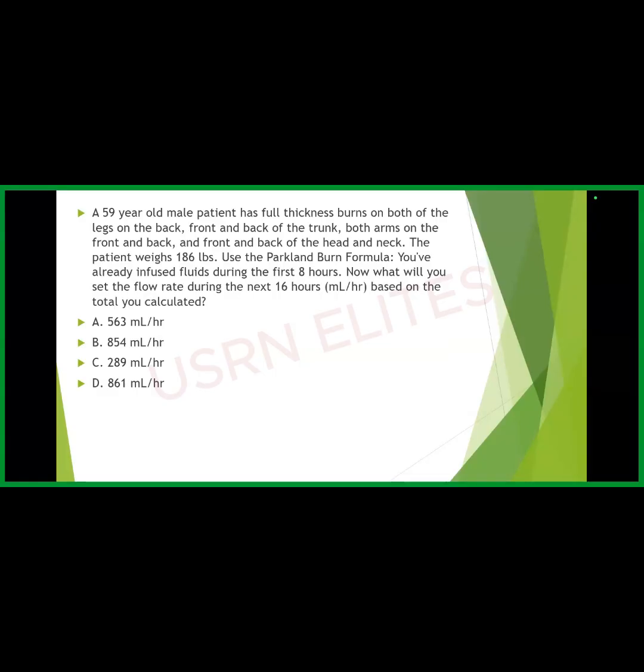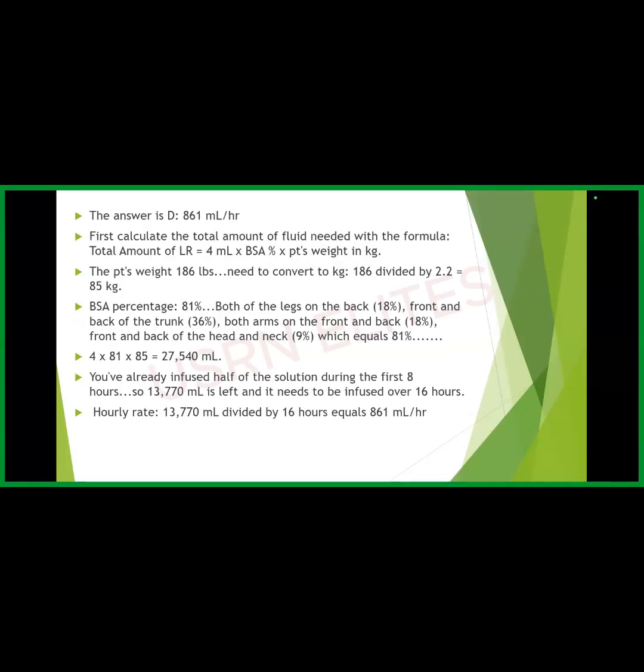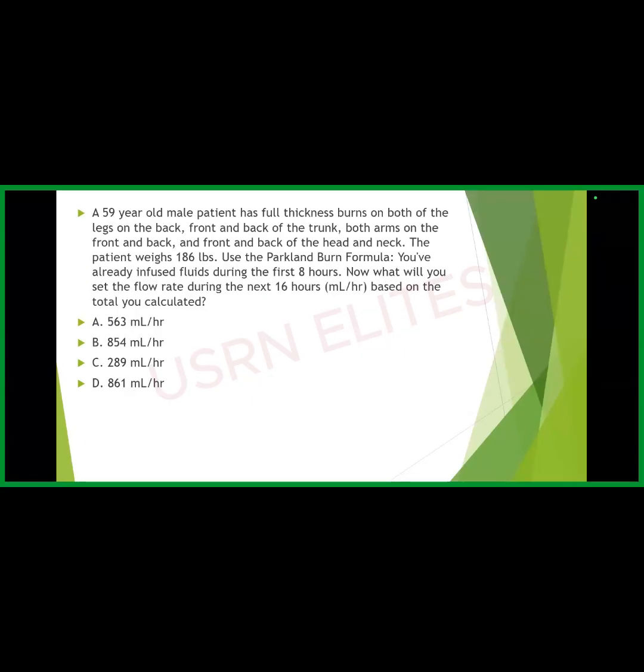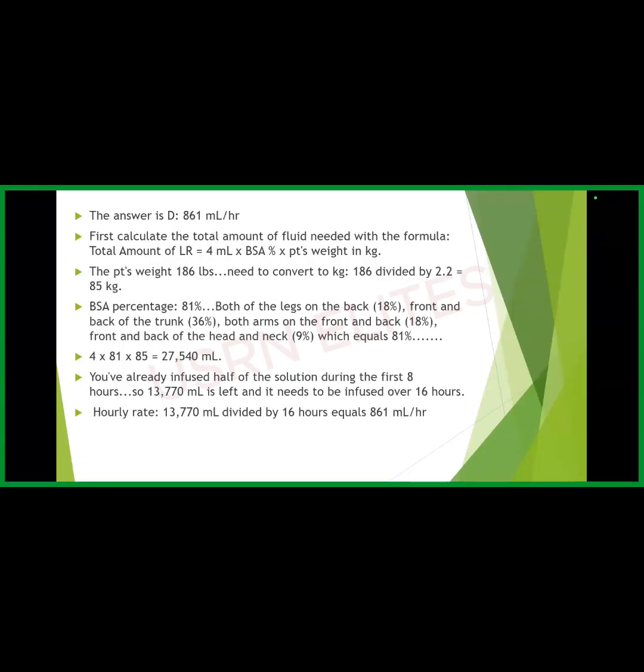Those of you who are saying B, please check your answer well. The weight is the problem. The decimal. So it's around 860 if you round it to 85, but the weight is 84.57.